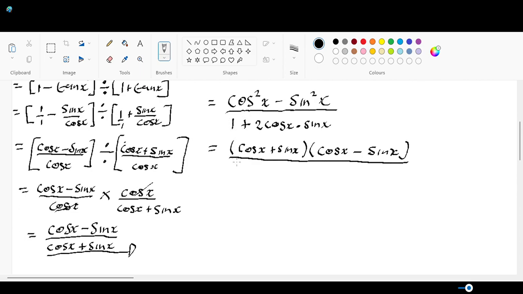We can change this one using the square identity. If you still remember, let me just write it very quickly here. We know that cos squared x plus sine squared x equals 1. There is this double identity. I think you guys know about it.